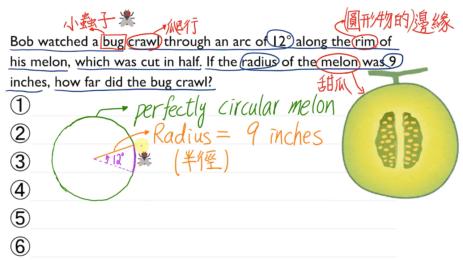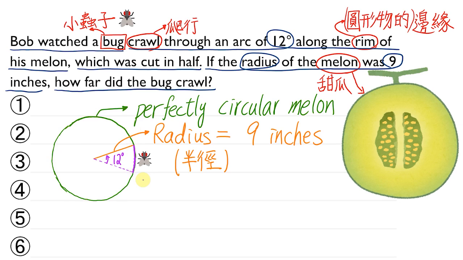It's worth pointing out here that the arc that the bug is crawling through is part of the circumference of the circle. So here we see that this green bit is the circumference of the circle, and the arc, here the purple bit, is a small portion of it.